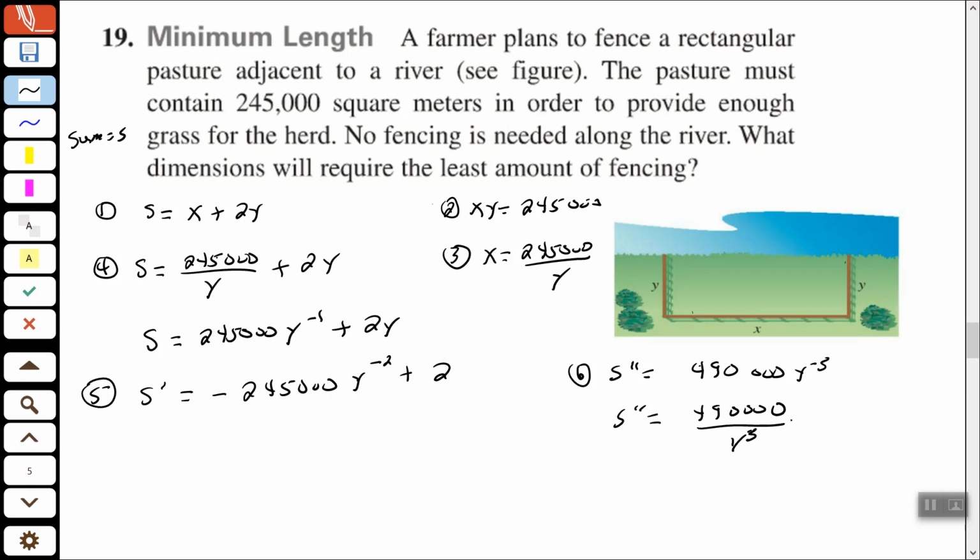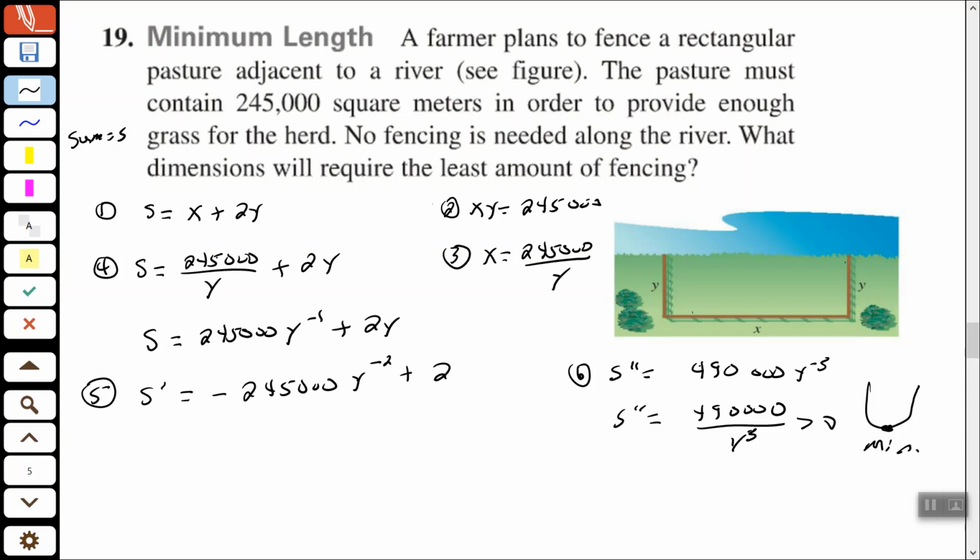Since y must be positive, a positive divided by a positive is positive, so that's greater than 0, which means this is concave upward, which means the point we find when we set our first derivative equal to 0 will be a minimum.